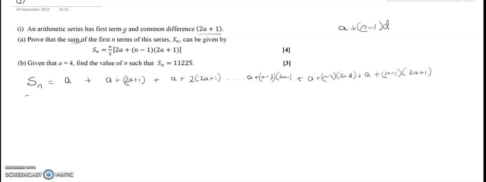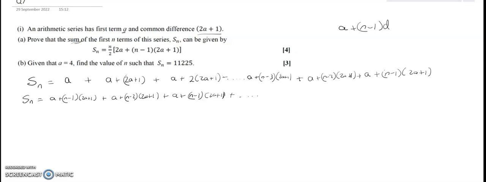And then what he did is he wrote it backwards. So Sn is equal to the last term, which was a plus n minus 1 times d, which was 2a plus 1, plus the second last term, so a plus n minus 2 times 2a plus 1, plus the third last term, etc. Plus dot, dot, dot.